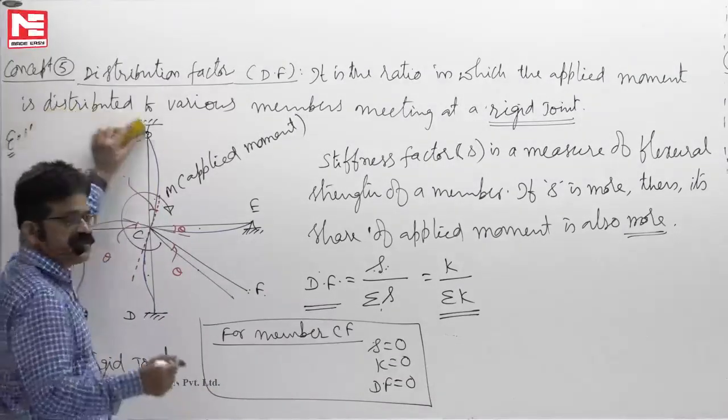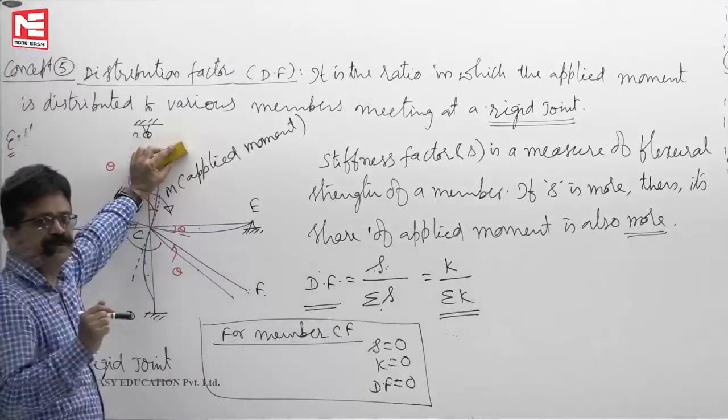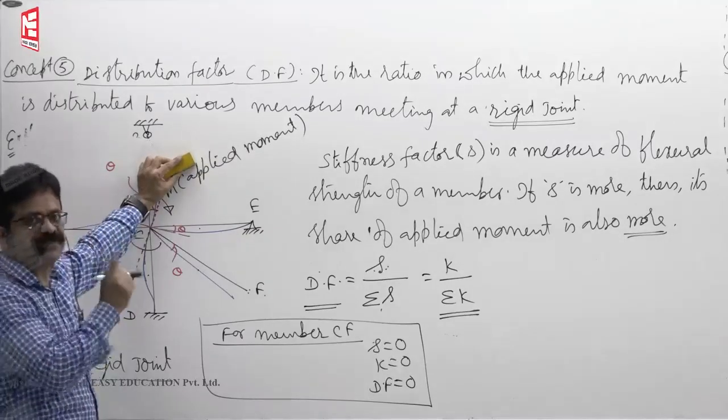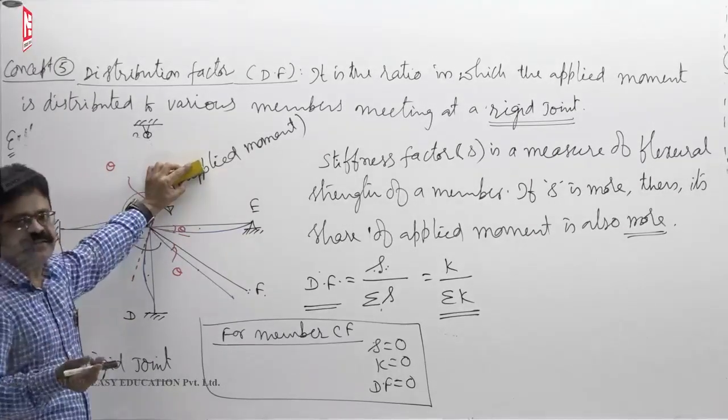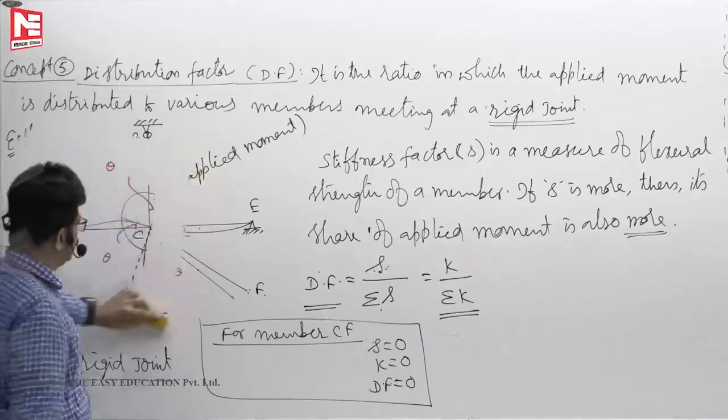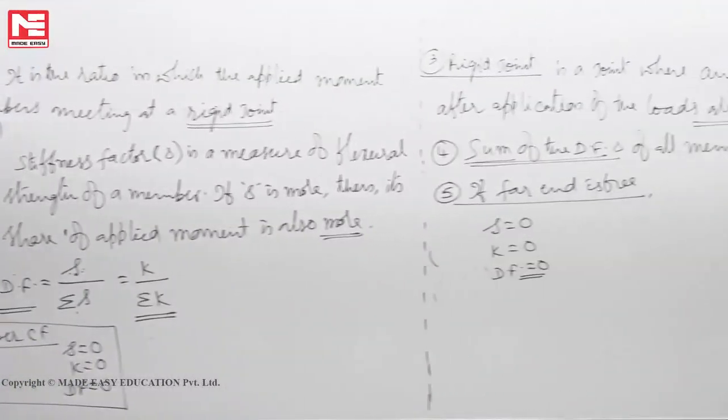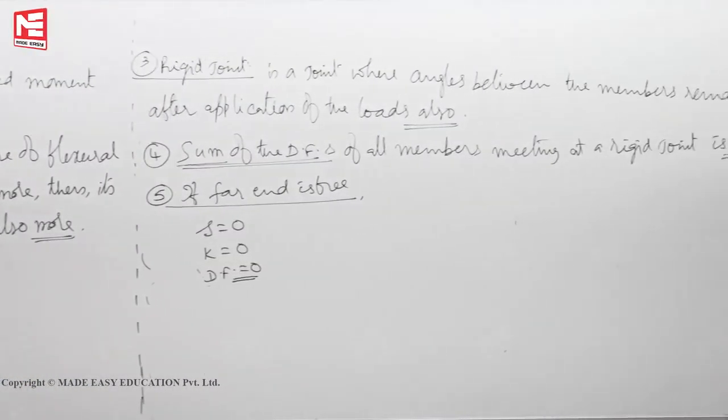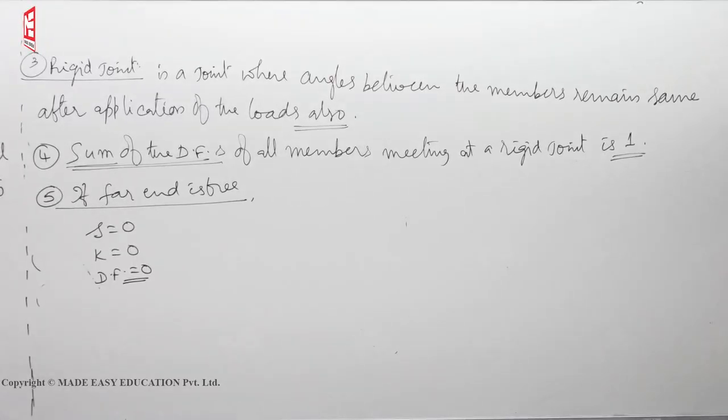Now we'll see why the carryover moment is M by 2 in the first case when the far end is fixed. We will take the help of moment area method. So first we'll briefly review what the moment area method is and how to get those values. If those fundamentals are clear, then further we can go ahead confidently.